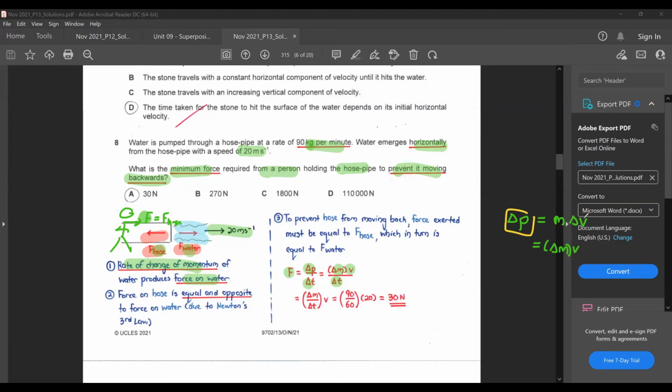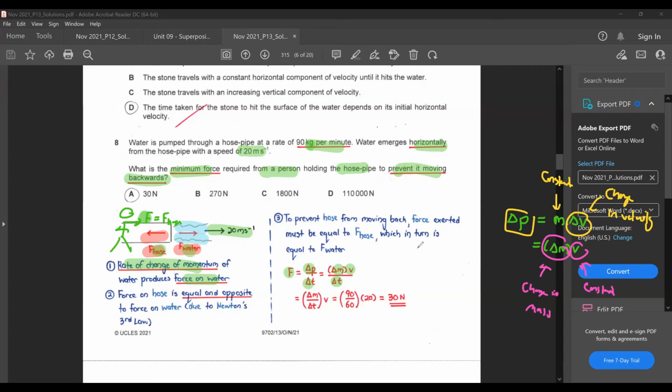Change in momentum can be caused by mass times change in velocity. I'm not sure whether you guys have noticed this before. You can have change in momentum if your mass is constant but you have a change in velocity. You can also have change in momentum if your velocity is constant but your mass is changing.